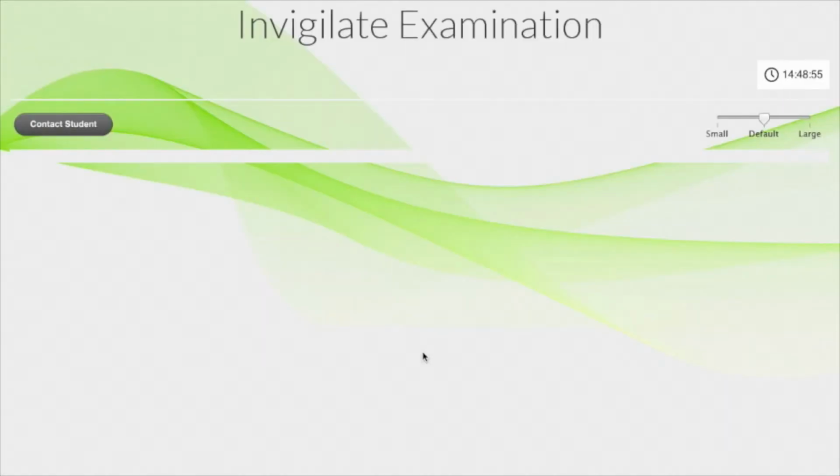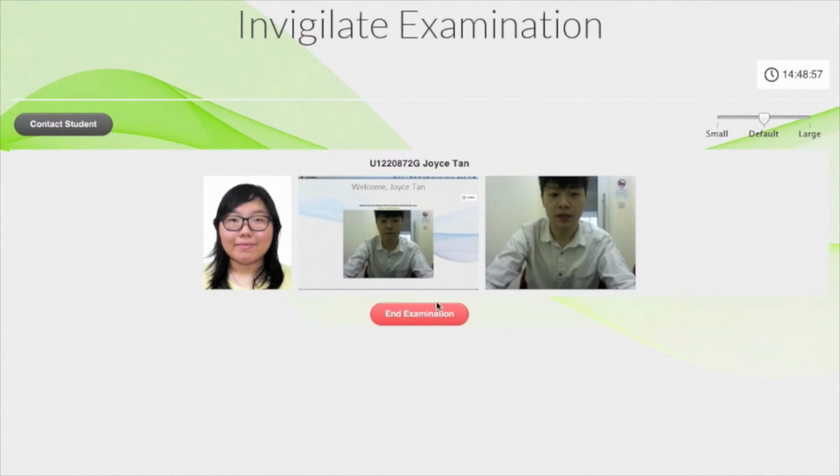Here, on the Proctor site, we can invigilate the examination by looking at the student photo, the student image through webcam, and the recording of the student desktop. Also, we can adjust the size of the images by using the scale.